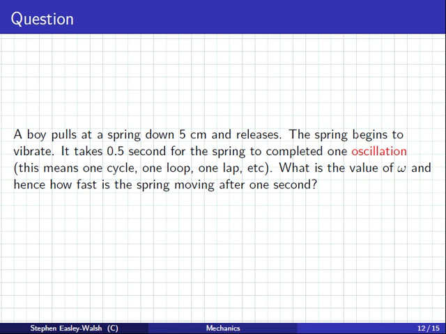Is it starting inside or outside? Outside.